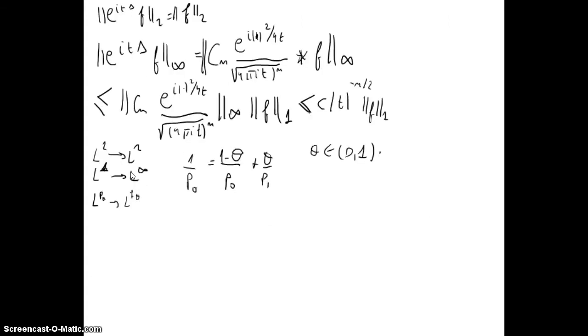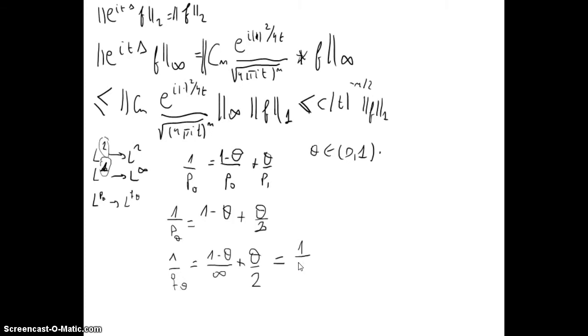In this case we will have 2 and 1, so 1 over p theta is equal to (1 minus theta) over 1 plus theta over 2, and we will have that 1 over q theta is going to be (1 minus theta) over infinity plus theta over 2.